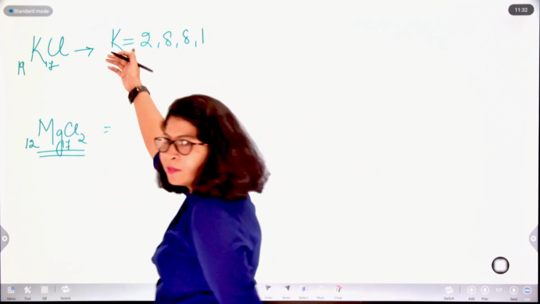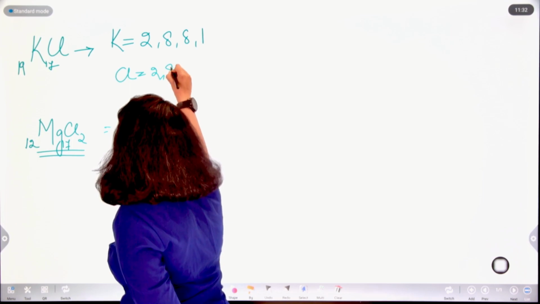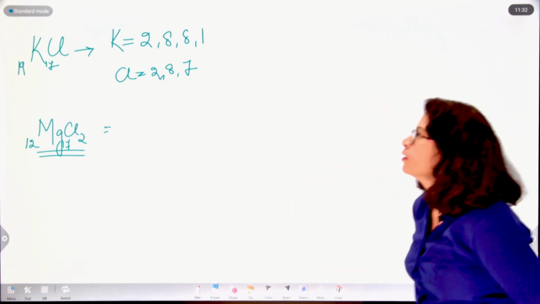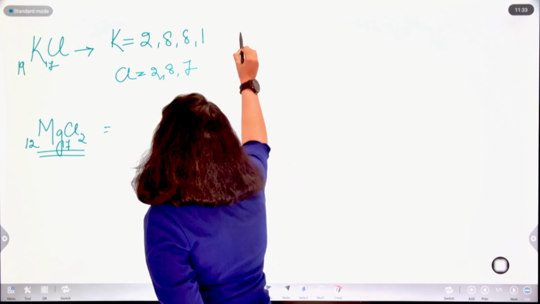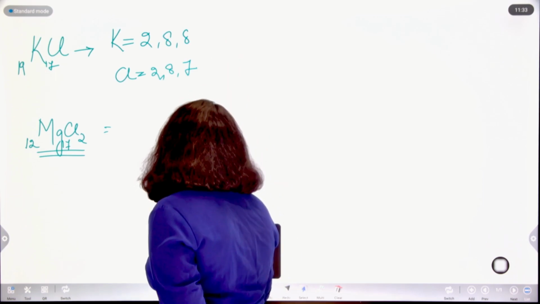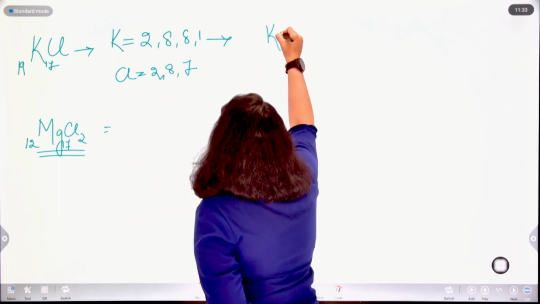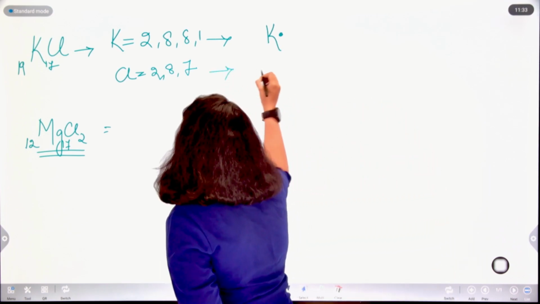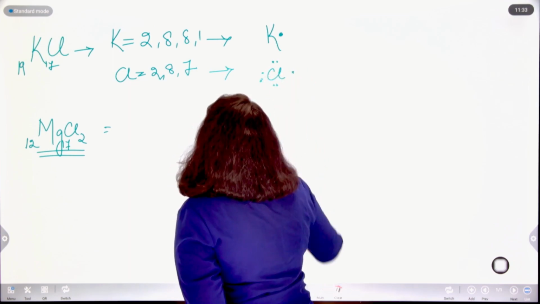First let's deal with KCl, then we'll come to MgCl2. For chlorine, 2, 8, 7. I'm so sorry for my handwriting. So potassium is 2, 8, 1, chlorine is 2, 8, 7. The Lewis dot structure for potassium is K with 1 dot because of 1 valence electron. For chlorine again 7, and it likes to exist as pairs, so 3 pairs and 1 unpaired electron.